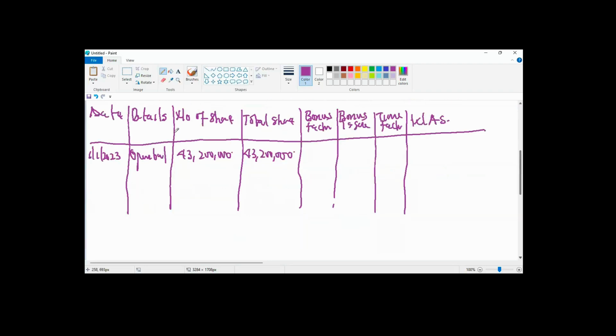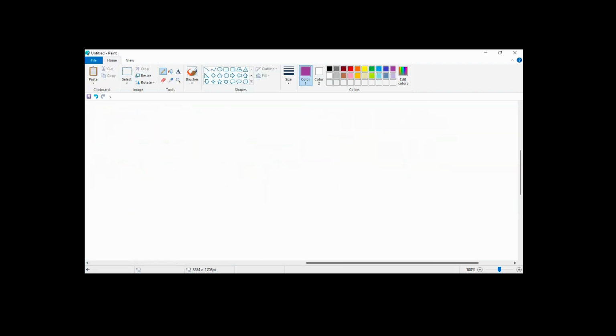On 1st April 2023, he made the rights issue. For the rights issue, what is the condition? He said 2 for every 3. Good. Don't forget, anytime there's a rights issue, we need what?